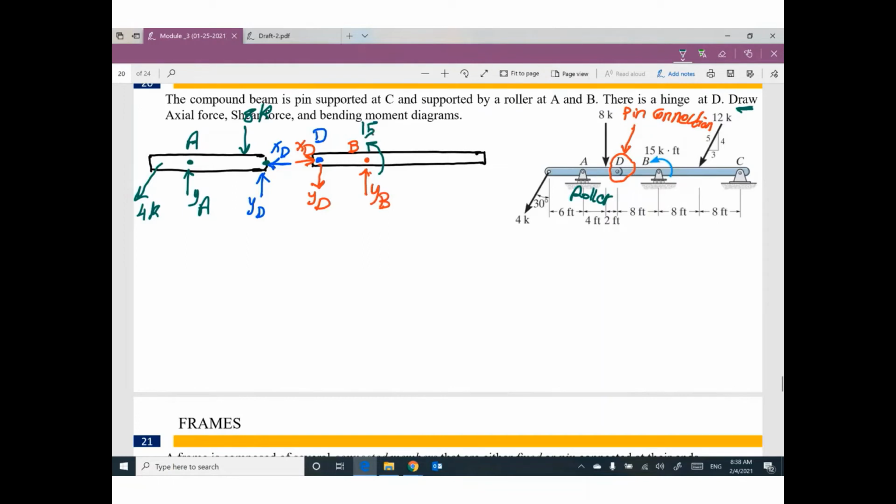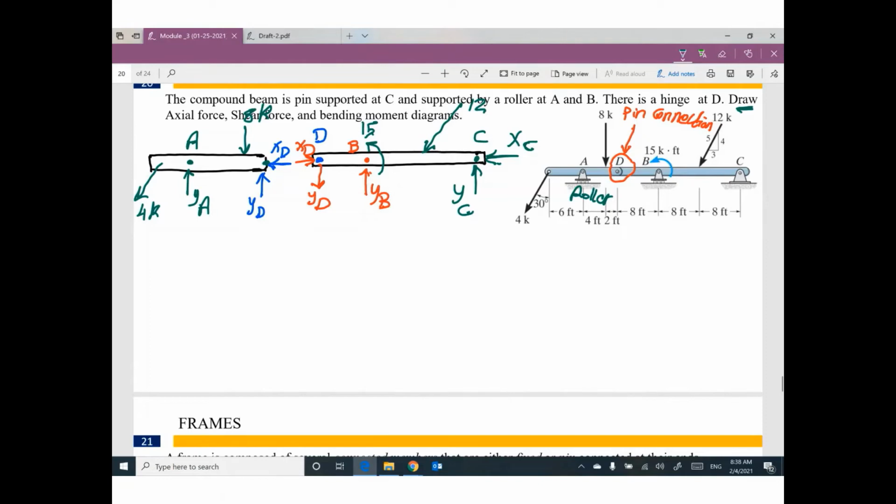What else? We have inclined force here, 12. And we have at C hinge. So we have vertical reaction YC and horizontal reaction XC. Do you have any comment? Do you have any problem? Do you have any issue?